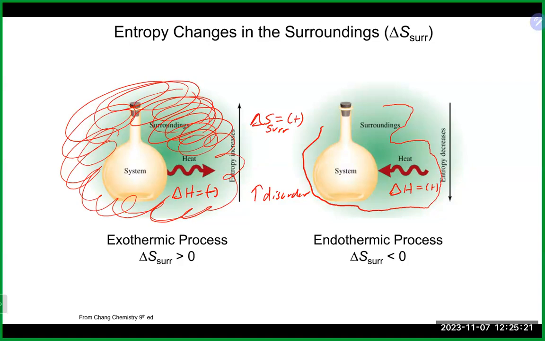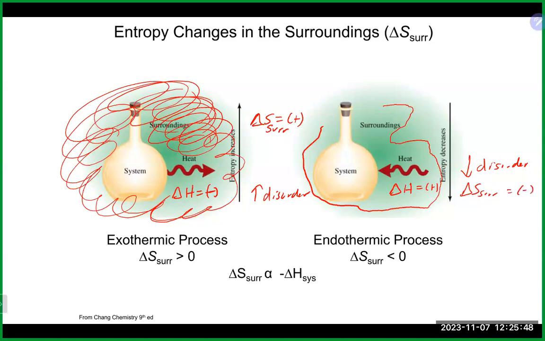We would expect the amount of disorder to decrease, or the amount of order to increase. You could choose whichever way you want to look at it, disorder or order. Just don't mix them up as you're thinking. But here the disorder is going to decrease, which means the order is increasing, and we should expect our delta S for the surroundings to be negative.